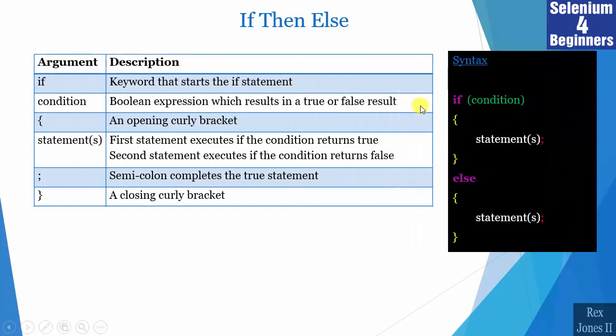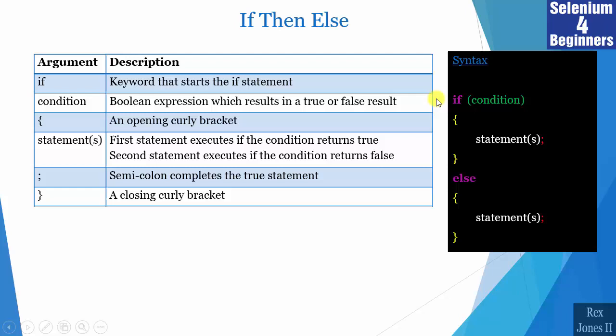We see an if keyword, condition, opening bracket, statement, semicolon, and closing bracket. The same information that was already covered for if-then statement, except the second statement. Now we get a better picture of the statements.